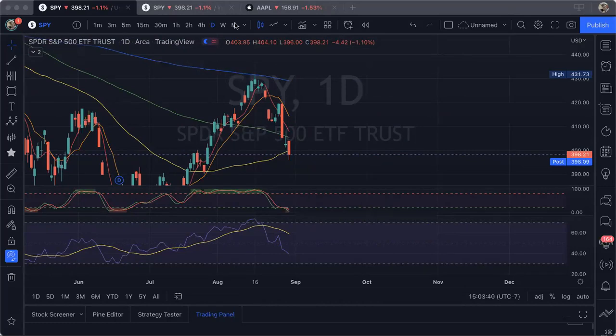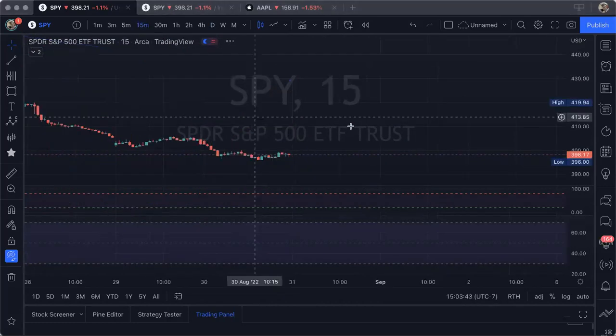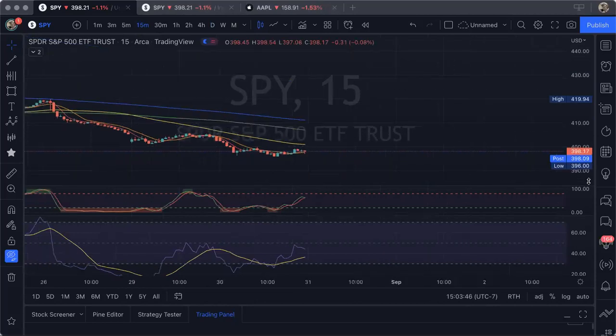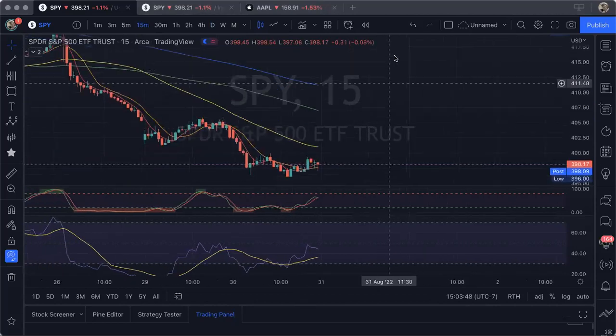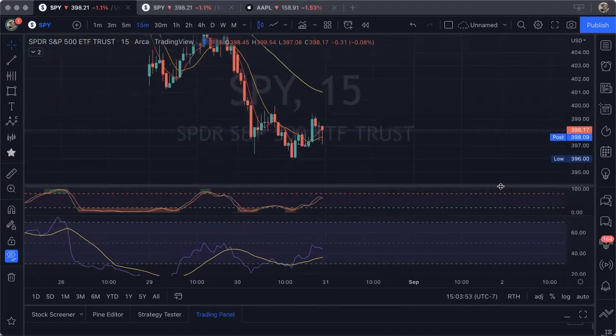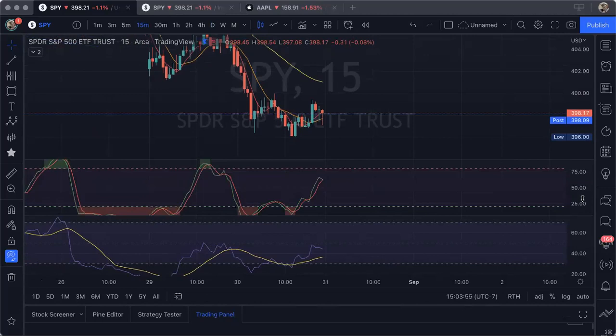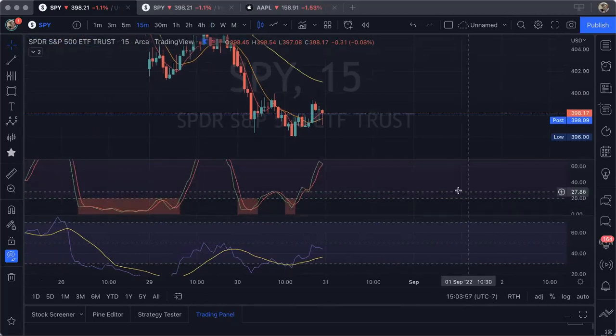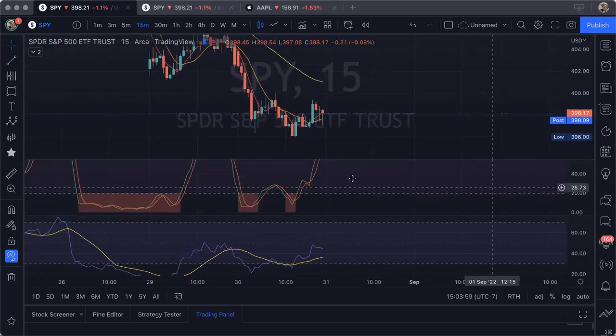However, let's go from here. I'm gonna just show you something like the 15-minute. Here on the 15-minute, I showed you that divergence. I'll even exaggerate these so you can see.